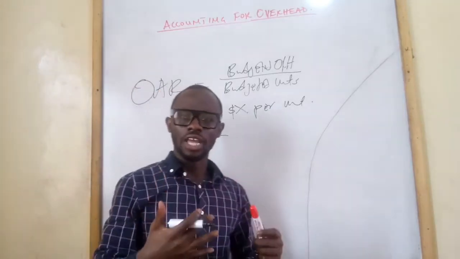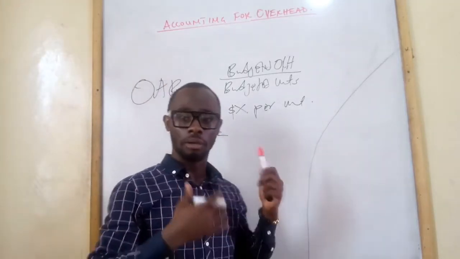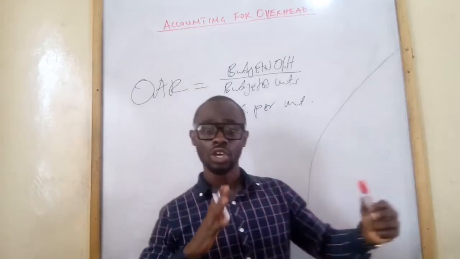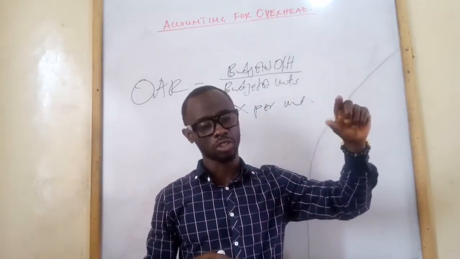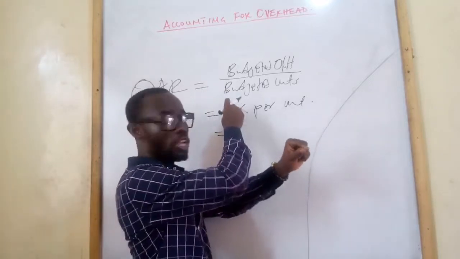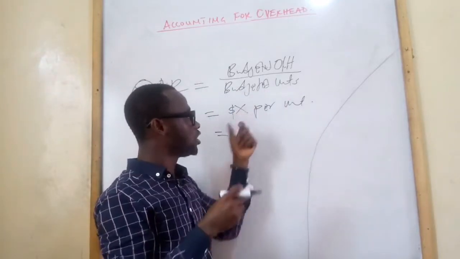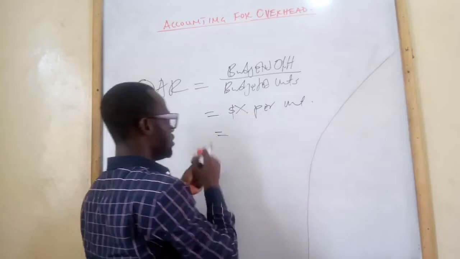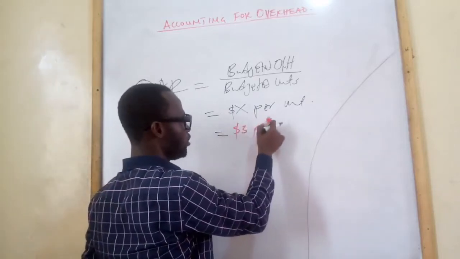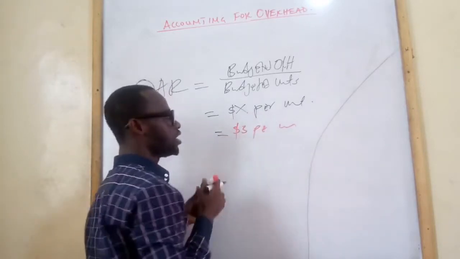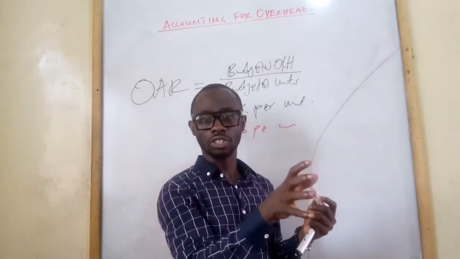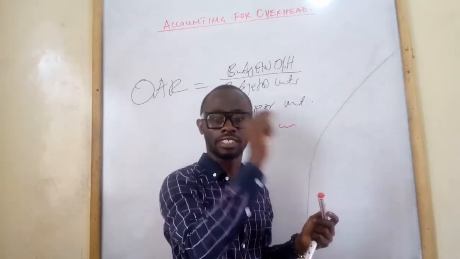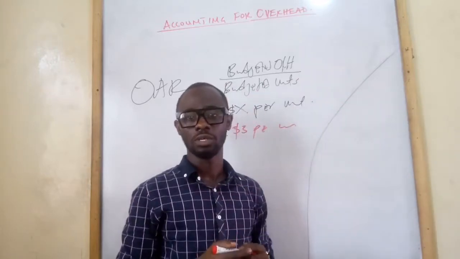Remember, this is what we are going to use in the actual cost, after getting our prime cost. Assuming we had $3 per unit as the overhead absorption rate, the overhead to be charged in the cost sheet is going to be $3 times the actual units that has been produced.